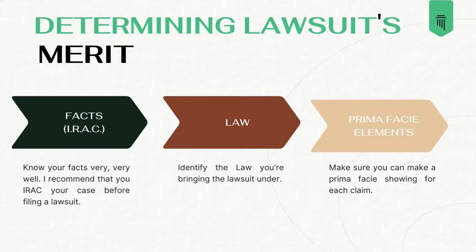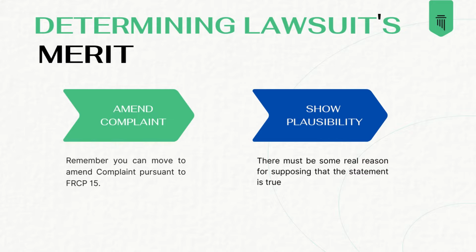If the plaintiff cannot make a prima facie showing, then the plaintiff does not have a cause of action. And if the plaintiff does not have a cause of action, the plaintiff does not have a lawsuit. The plaintiff should be mindful that if they need to bring the complaint into compliance, they can move to amend the complaint pursuant to Federal Rules of Civil Procedure 15.